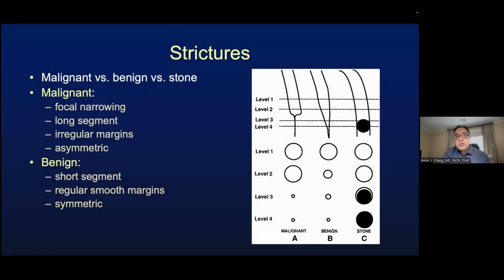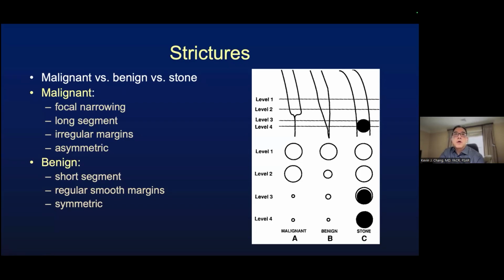And when you're differentiating stones from strictures, there are some features that help you make this differentiation, whether it's in the biliary tree or in the pancreatic duct. Malignant strictures tend to look more focal, with long segments of involvement and irregular margins and maybe some asymmetric shouldering. So these are examples of some long axis and short axis views of the duct and how they might appear in both views. Whereas a benign stricture tends to be a shorter segment.